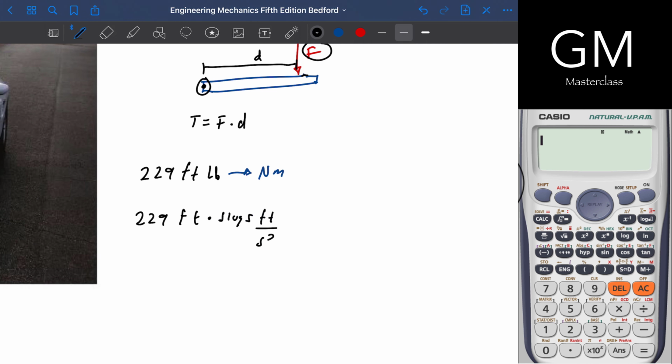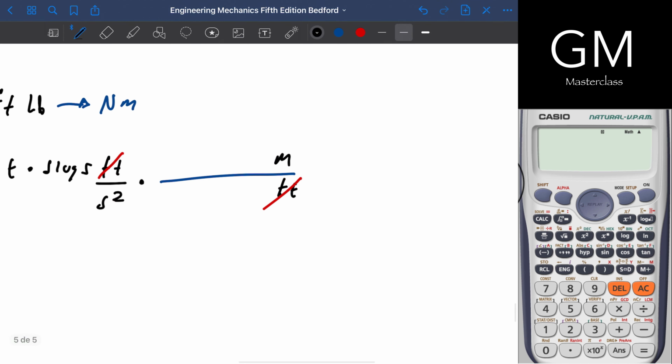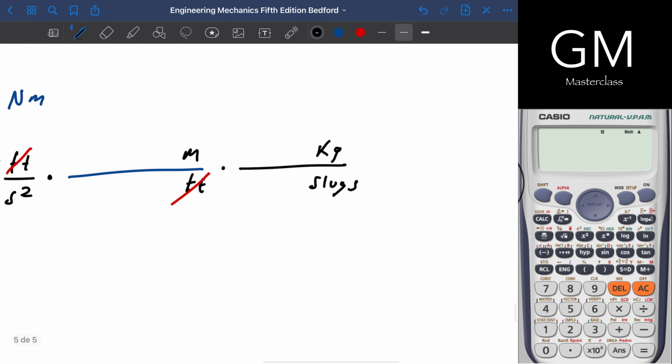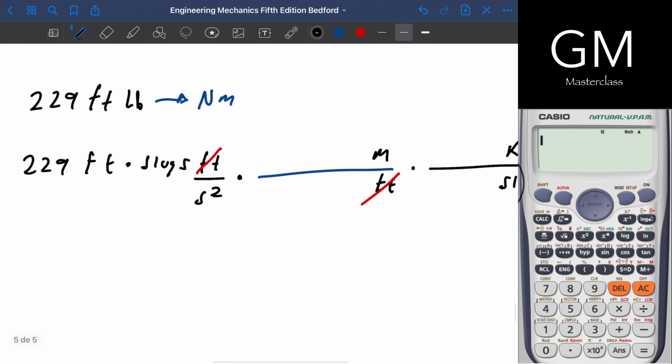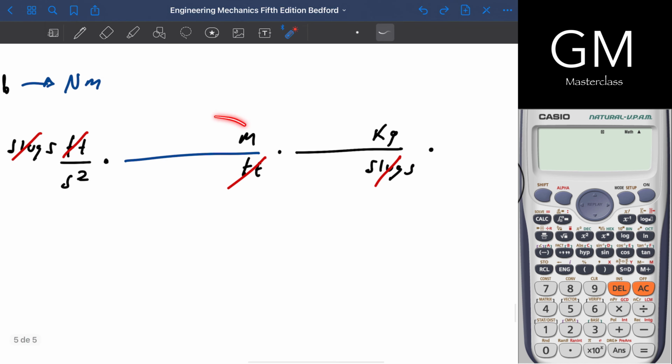Then I'm going to multiply this for me to eliminate, I'm going to write it in black, the feet, transform those into meters, then eliminate the slugs, transform those into kilograms, and then eliminate these feet by doing the same thing that I did here.